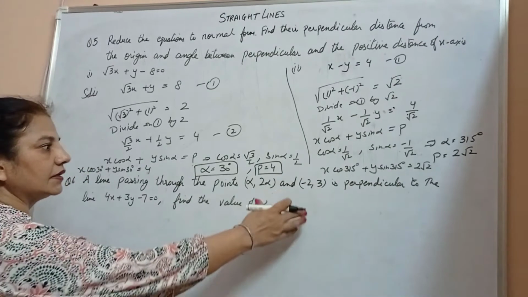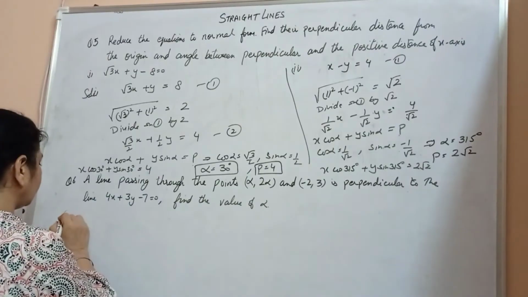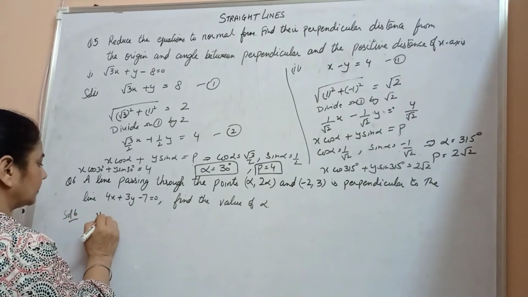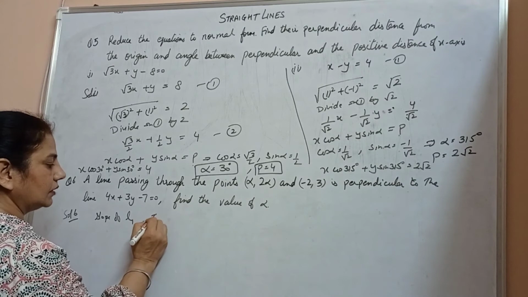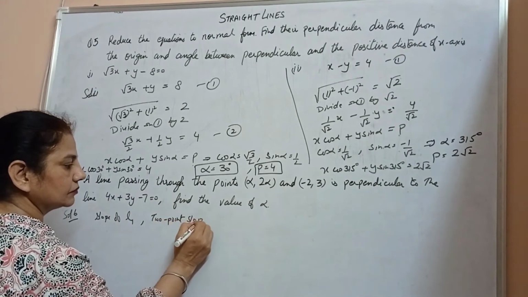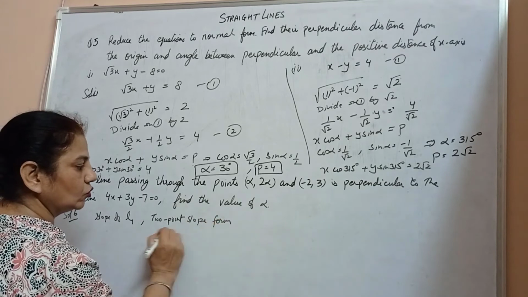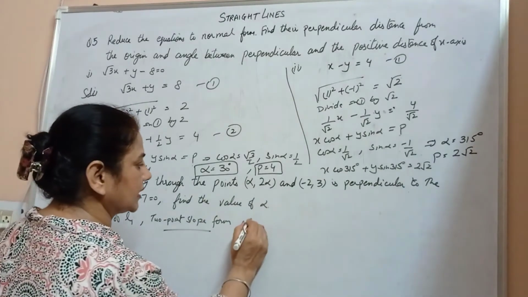So we calculate the slope of line L1 by the 2-point slope formula. The 2-point slope form is given as y2 minus y1 upon x2 minus x1.